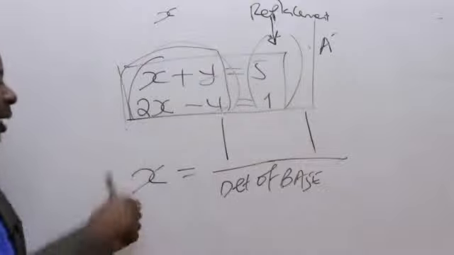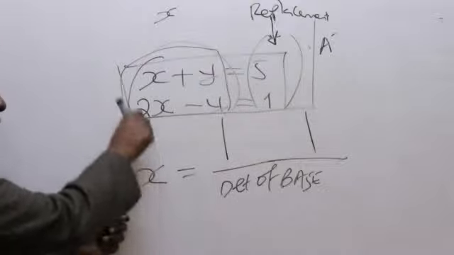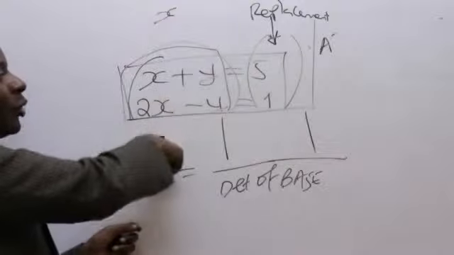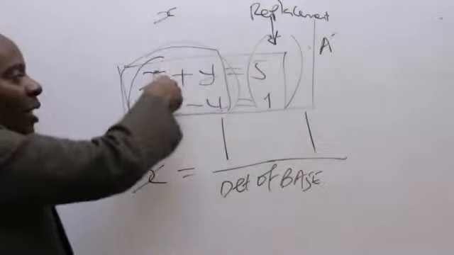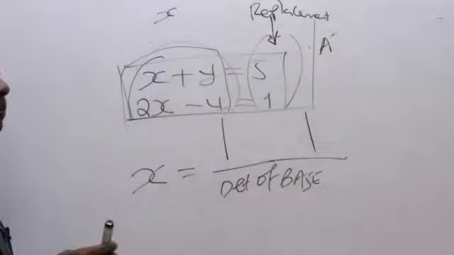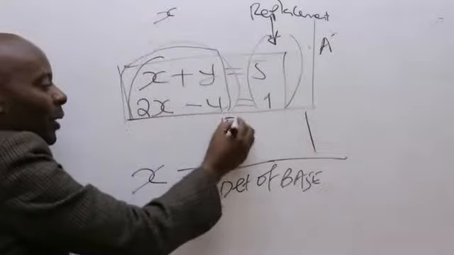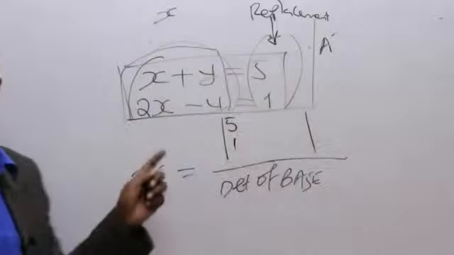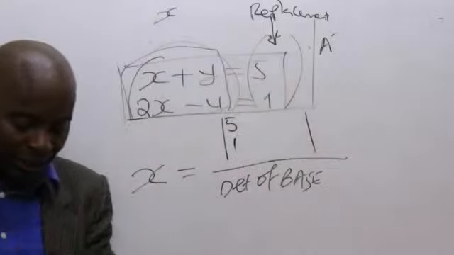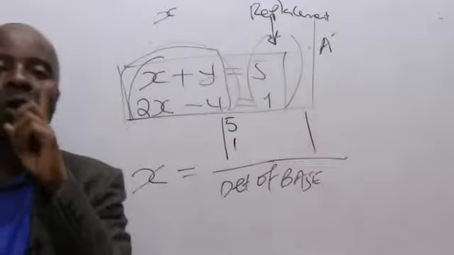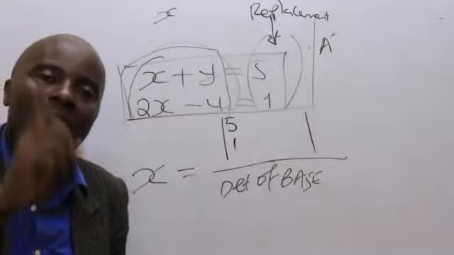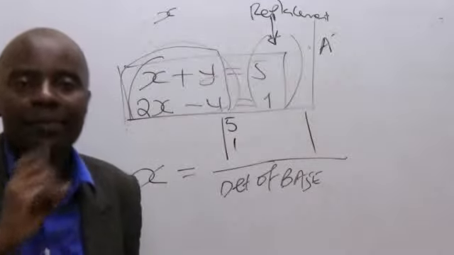Ladies and gentlemen, the first value that I want to get here is the value of x. So the column of x has to go, and then in its place, we shall put the replacement. So then the first column will not be x column. The first column will be the replacement, which is 5 and what here? 1. Listen again to me very well. These columns can only disappear one at a time.